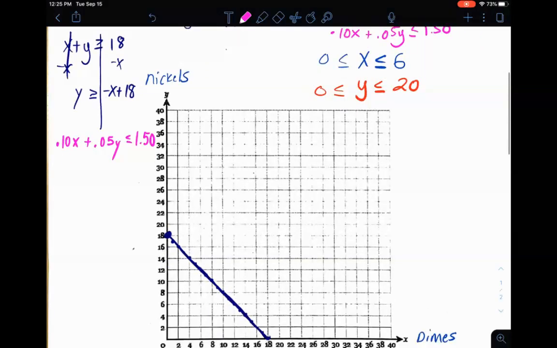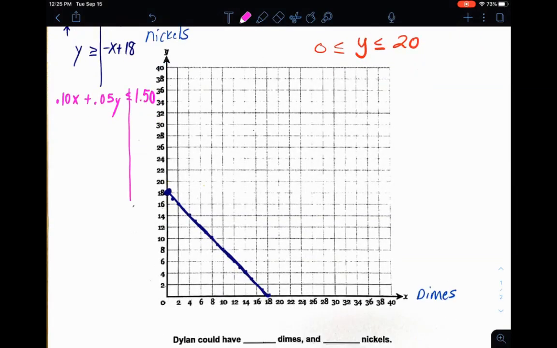Okay, next one, 0.10x plus 0.05y equals 1.50. How can I make this easier to deal with? Multiply by 10.